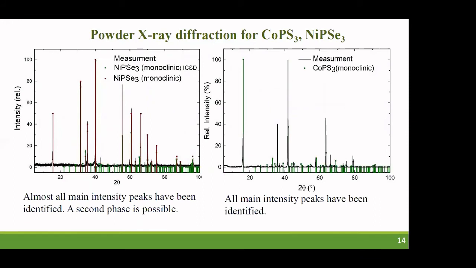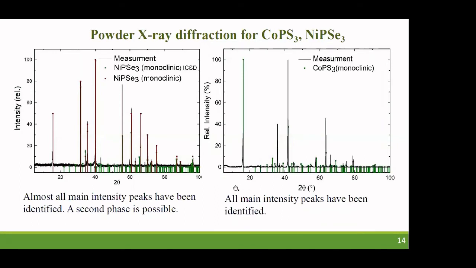Here are presented the results after powder X-ray diffraction for samples with cobalt and with nickel phosphor selenium free. And as I told before, our samples were not so successful. So here you can see that not every main peak of intensity was identified.